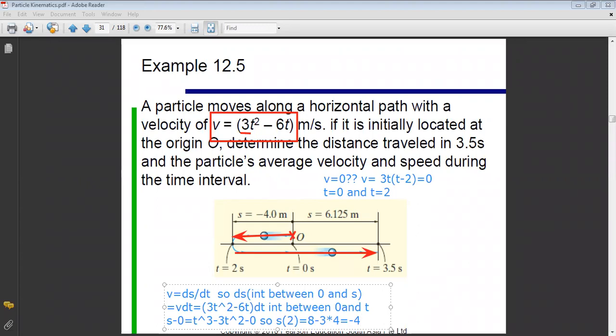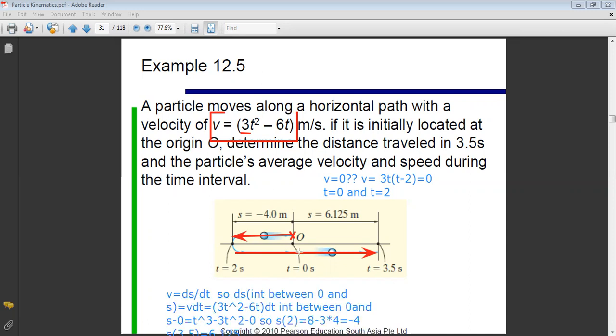And now if you want to find your final position, s at 3.5 seconds, you replace t by 3.5, you get 6.125.